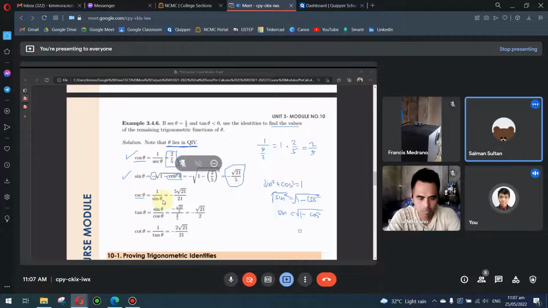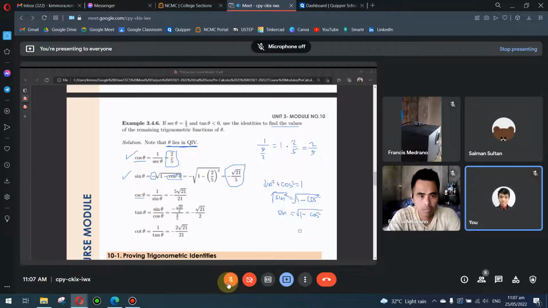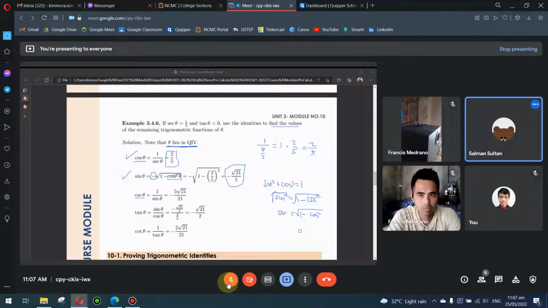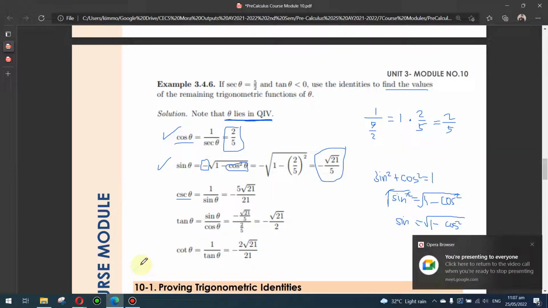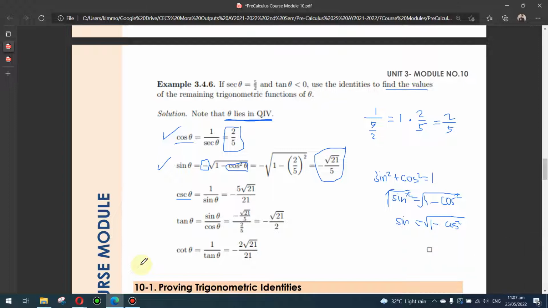Kanang cosecant, tangent ug cotangent. Ako ang cosecant up, then tangent. Ay, cotangent. Mali yung pagkano natin, input. May parenthesis pa pala.